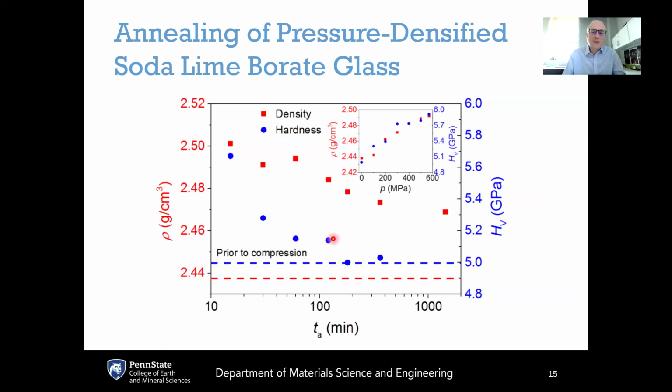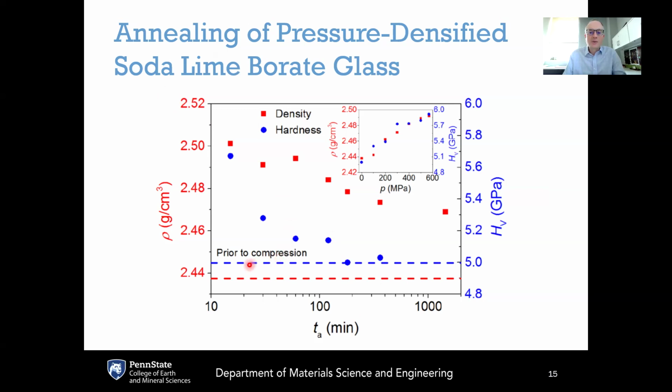Interestingly, if you take a compressed borate glass, in this case, a compressed soda-lime borate, so sodium-calcium borate glass, and then anneal it, the density that is recovered isn't necessarily the same as what you started with, and that is a function of the pure non-equilibrium history of the glass.